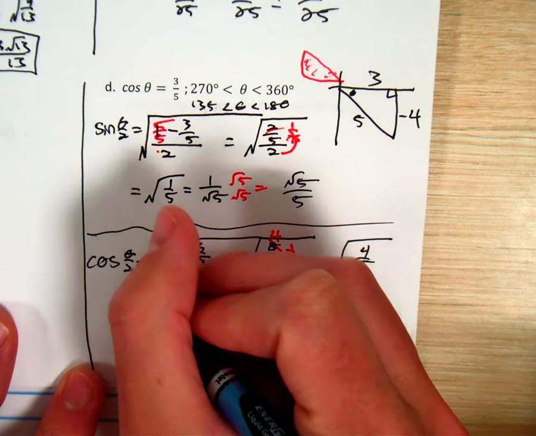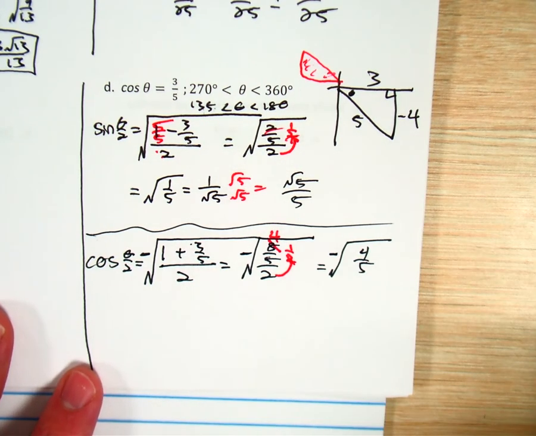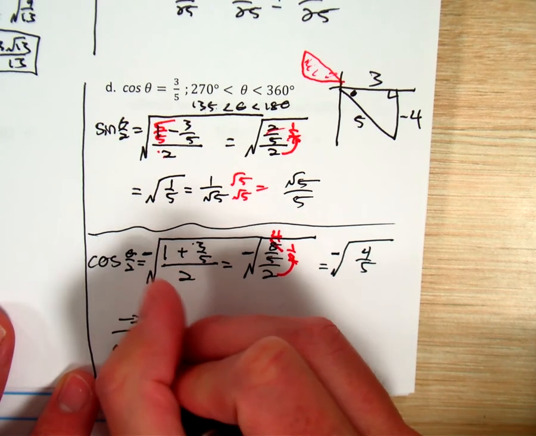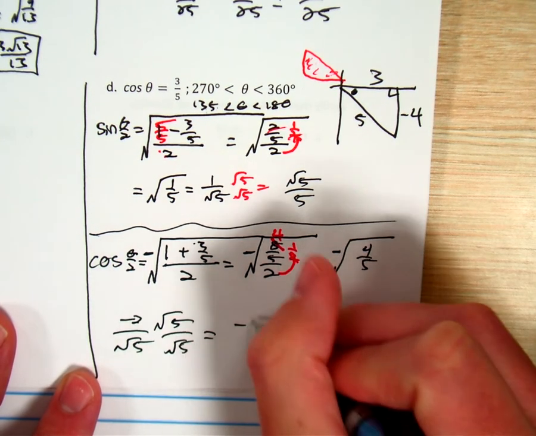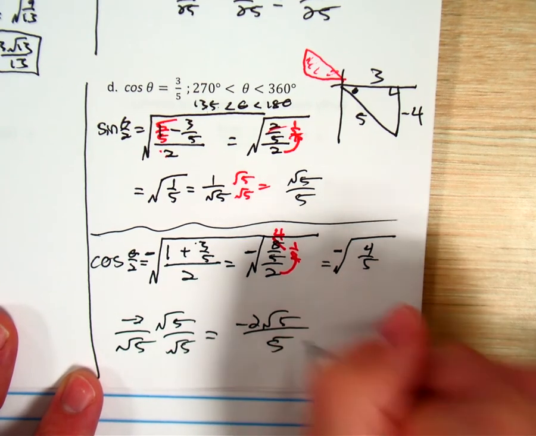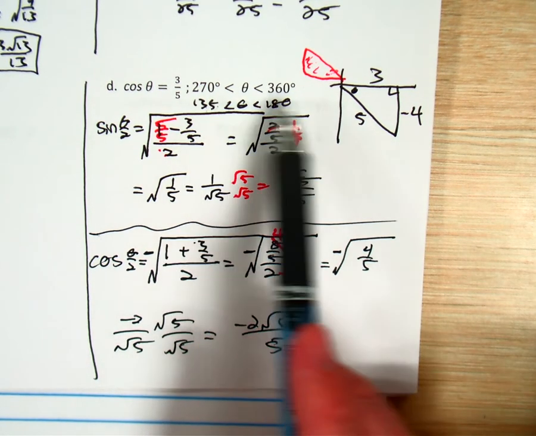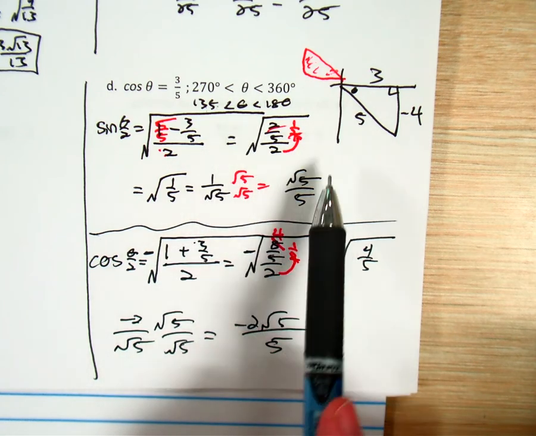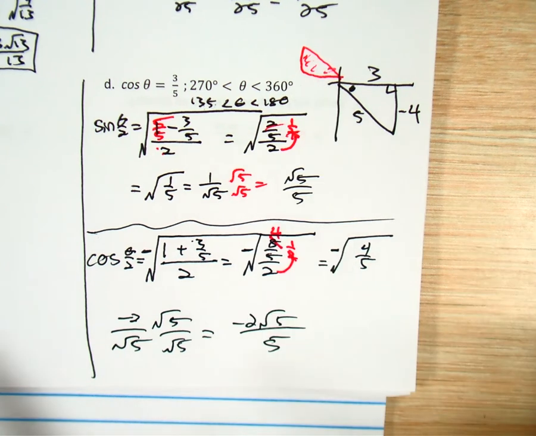Don't forget we're in the negative because cosine is negative in quadrant 2. The square root of 4 is 2. Can't do the square root of 5, so fix your denominator: negative 2 radical 5 over 5. Again, don't forget this one's negative because after cutting these angles in half, we're at 135 to 180, which means cosine would be negative and sine would be positive.